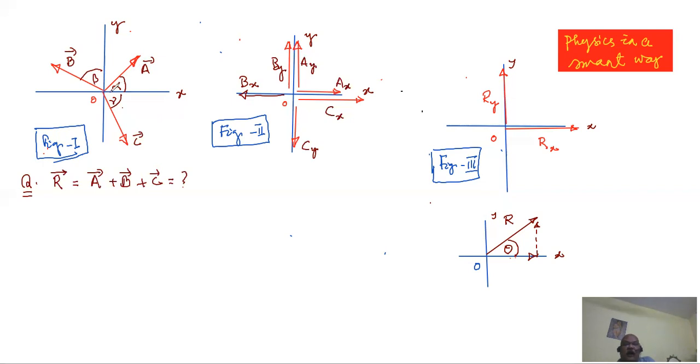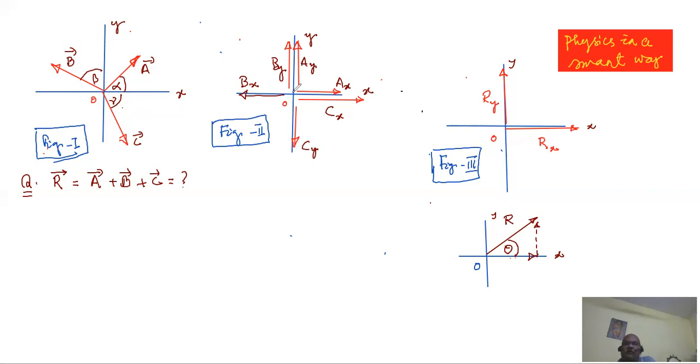Our basic aim was to combine A, B, and C into a single vector. But in place of combining, we have divided A into two components, B into two components, and C into two components. The three vectors which were originally present, we have now broken down into 6 vectors. Okay, no problem, don't mind.